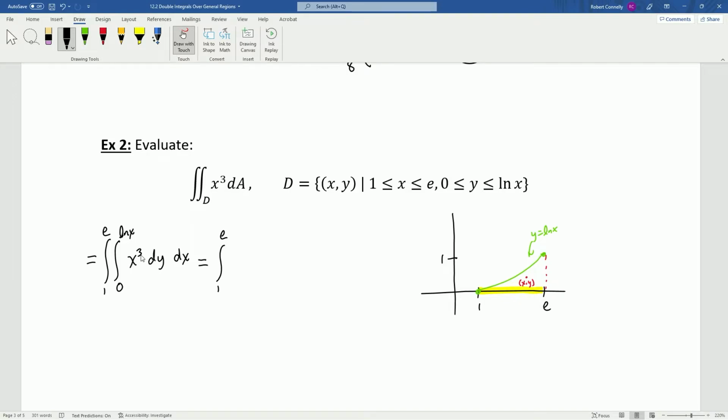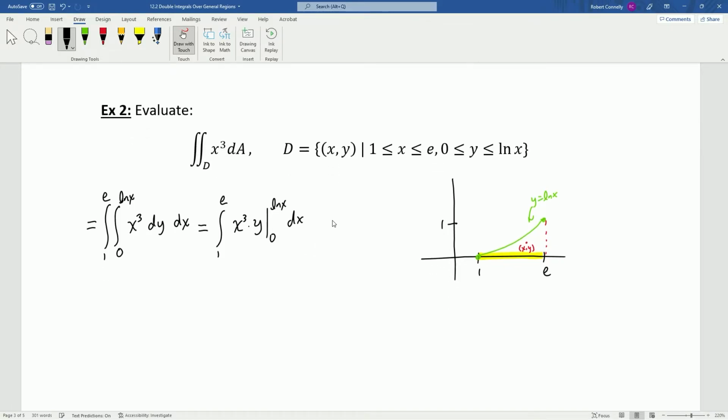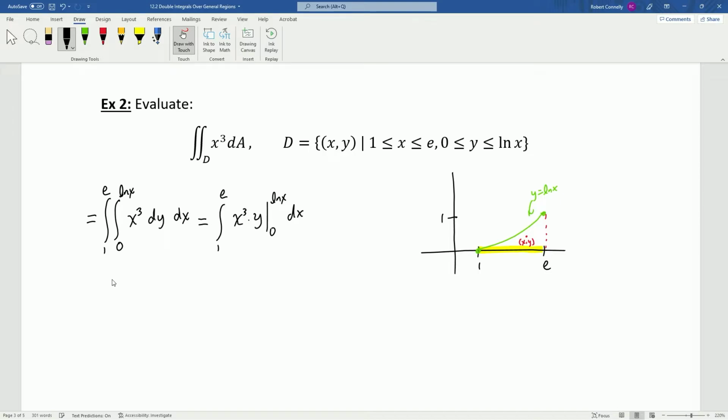Now, if I integrate this with respect to y, I get x cubed times y, evaluated from 0 to ln of x, dx. So this gives me x cubed times ln of x dx, because when I evaluate at 0, I'll just get 0 here.